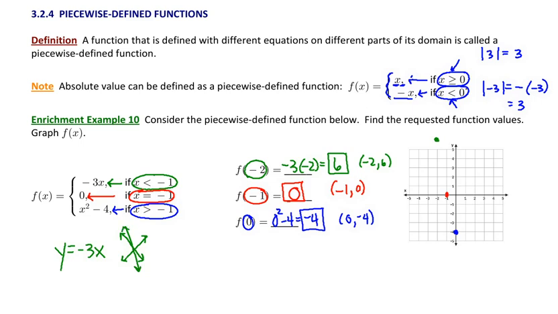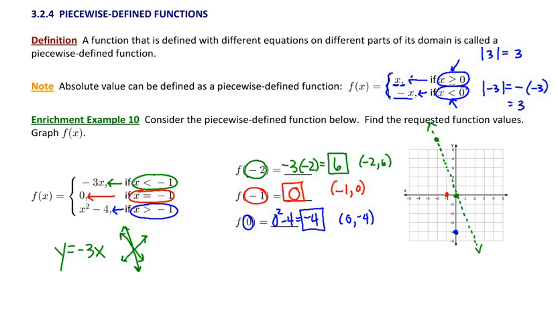So without going into too much detail here, the entire graph of y equals negative 3x looks something like this. I'm just going to sketch it in with a dashed line. Okay, that's the entire graph y equals negative 3x.